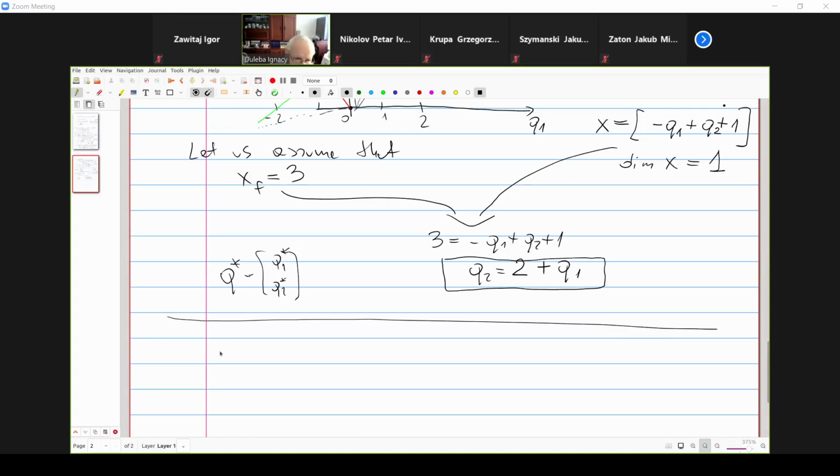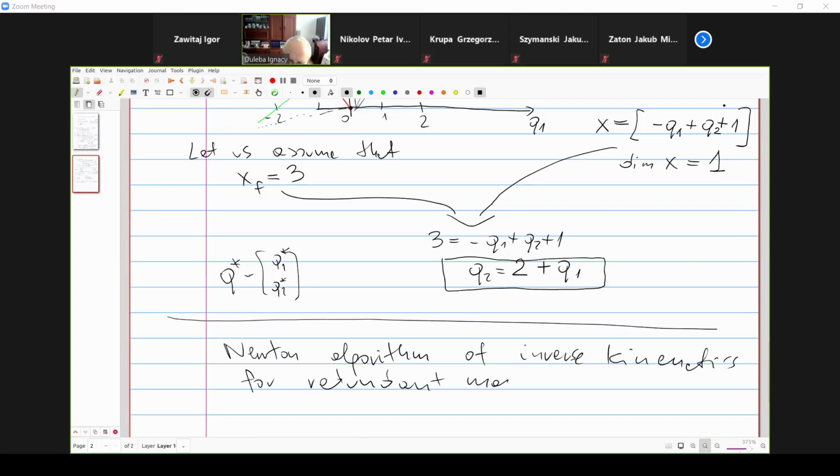I will just present the Newton algorithm of inverse kinematics for redundant manipulators.